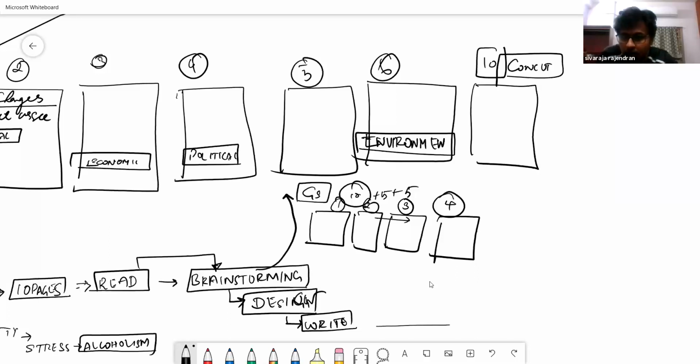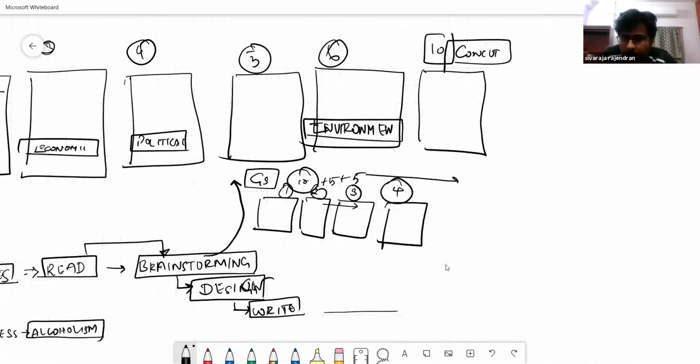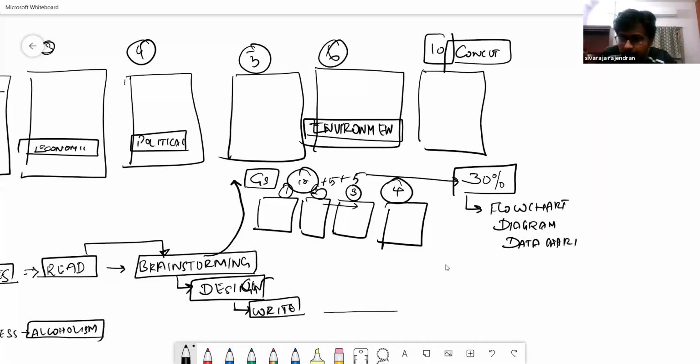What you have to know is that in whatever answer you are writing, 30% should be flow chart, diagram, or data chart, and 70% should be words. You should not cross this limit. Writing a full answer paper of just data and then drawing a flow chart is not good.